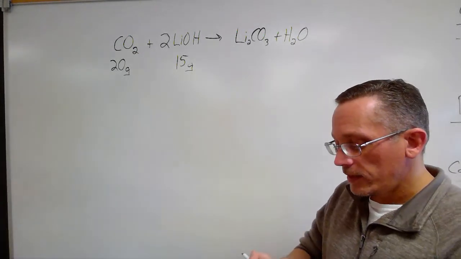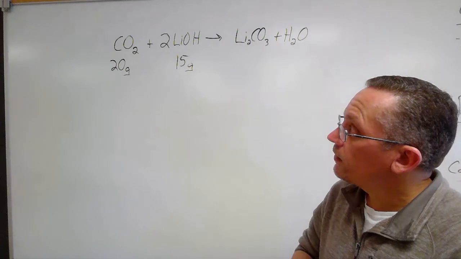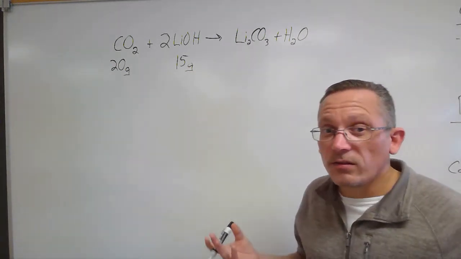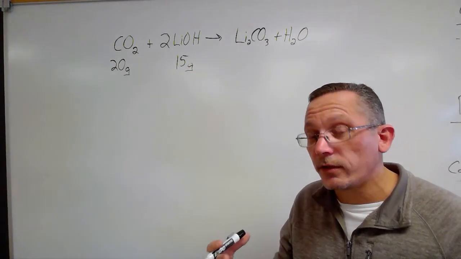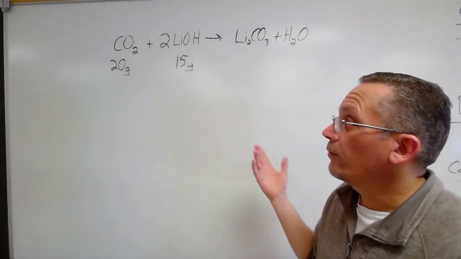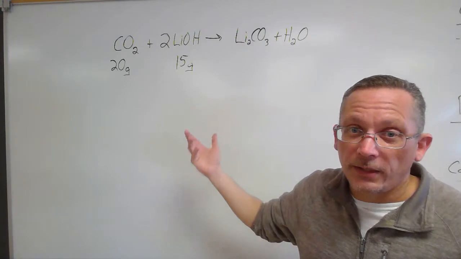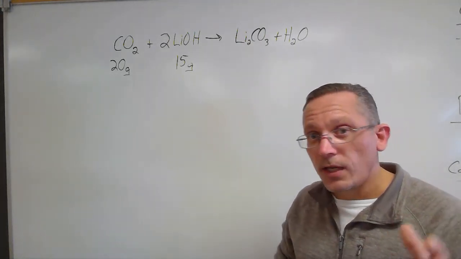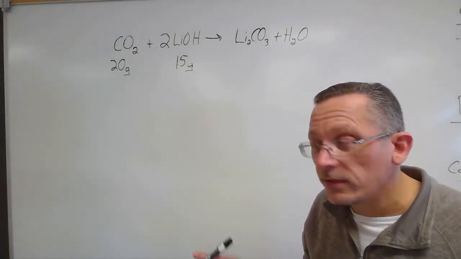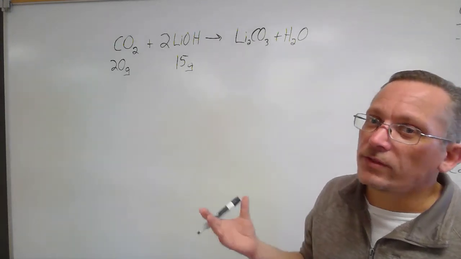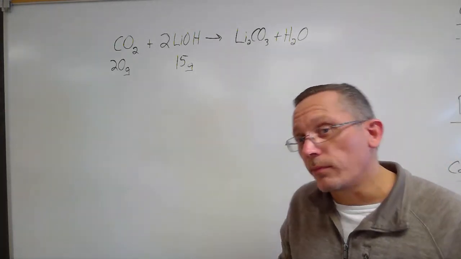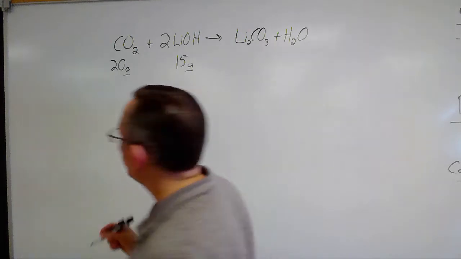I'm going to pick, to start with, the 20 grams of CO2. I don't know which one's the limiting reactant, so I'm just going to pick. Maybe I pick well, and I don't have to do a calculation again. Maybe I don't, and I have to do two calculations. We'll see.